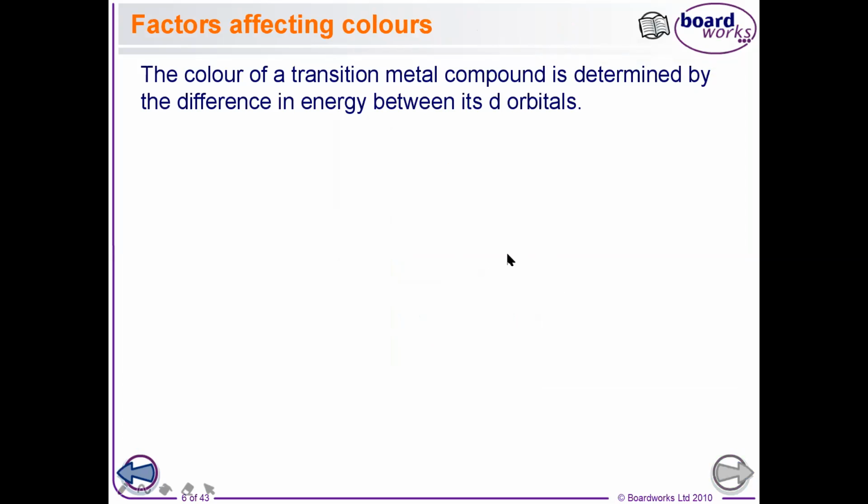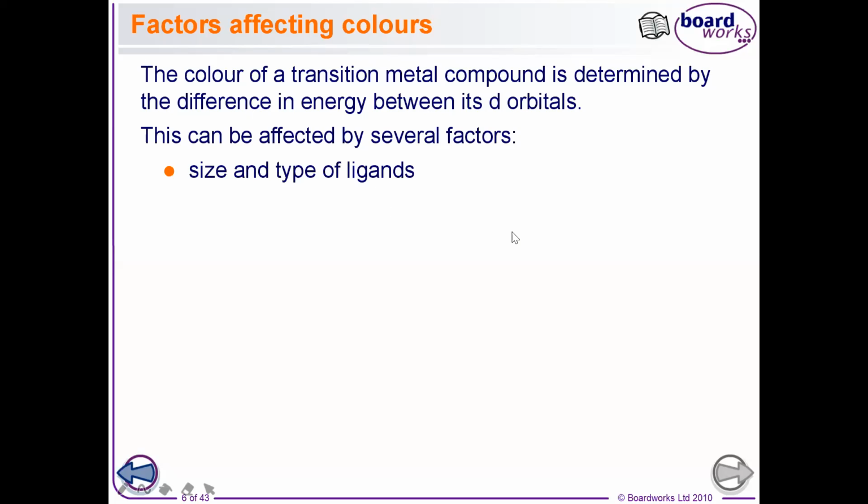Now, what are the factors that can affect the colors of the complex? The color of a transition metal compound is determined, as we already know, by the difference in energy between its d orbitals. This can be affected by several factors. First, the size and type of ligands.